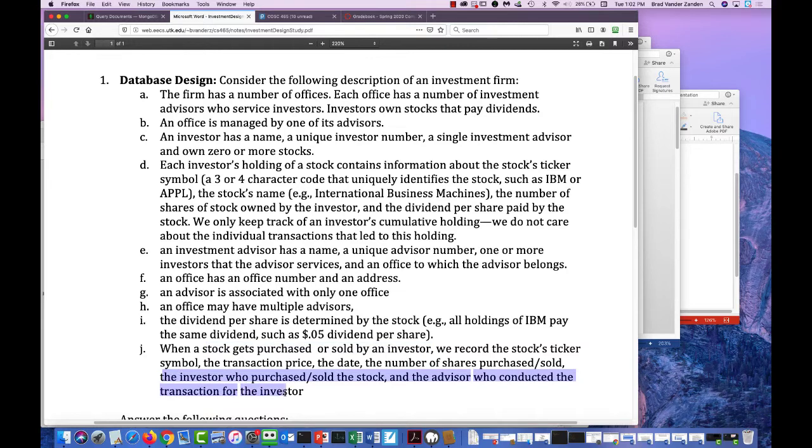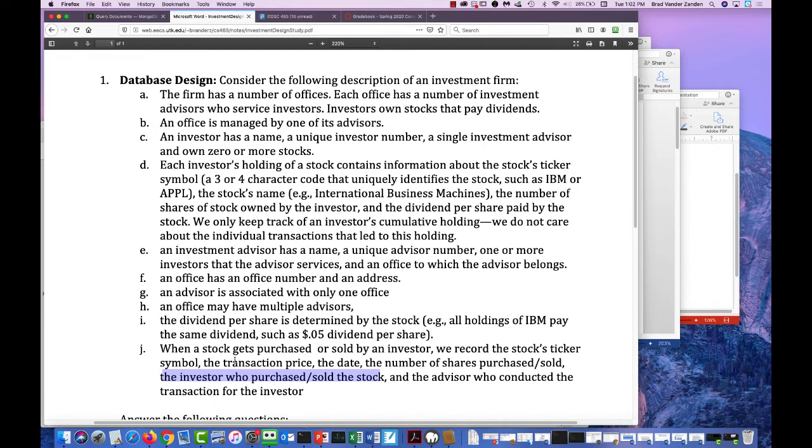The investor who purchased or sold the stock probably seems like identifying information, more like a key. Same thing with the advisor who conducted the transaction for the investor.